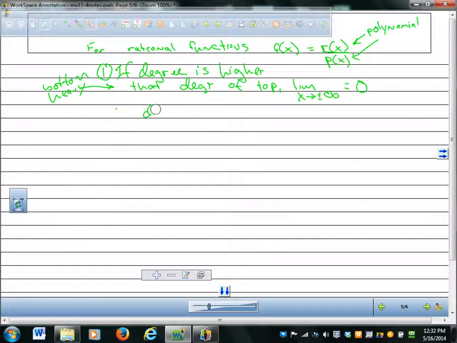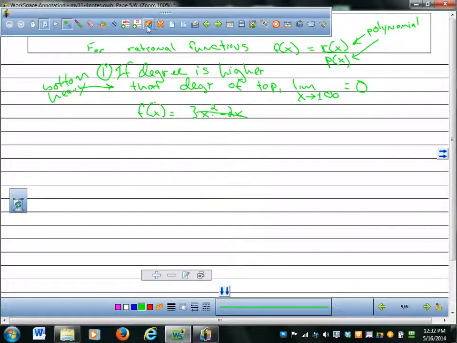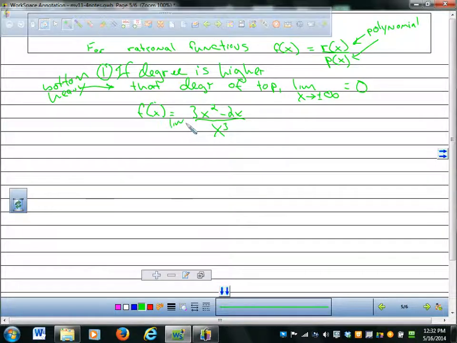If I have f of x equals 3x squared minus 2x over x cubed, what's the limit of this as x goes to infinity?